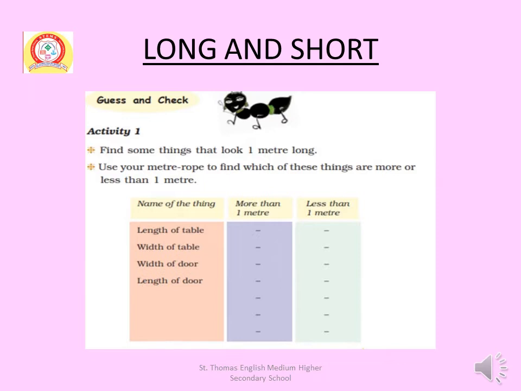Then write your measurements in the slide. If it is more than 1 meter, then write in the second column. If it is less than 1 meter, write in the third column. Okay? This is your homework.